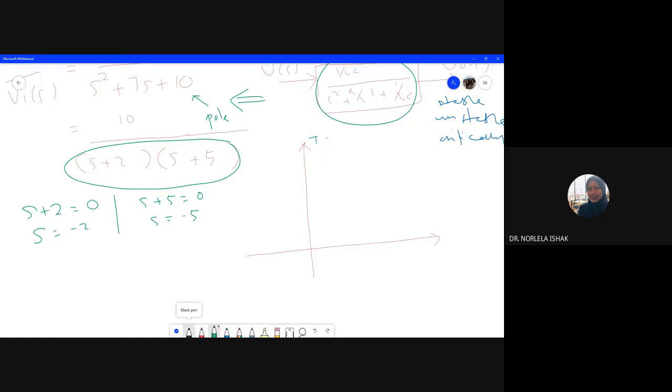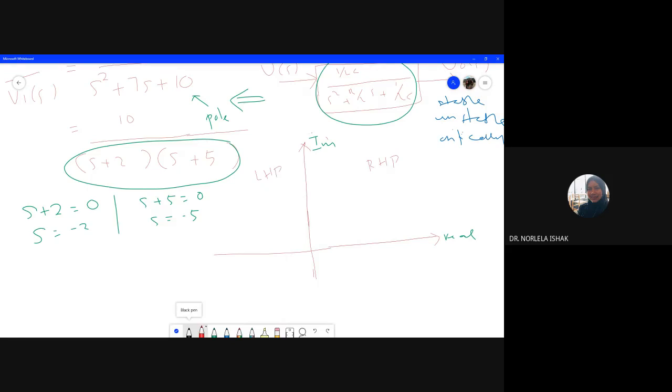This is the imaginary axis, and this is the real axis. This is the RHP, the right half plane, and this is the left half plane.